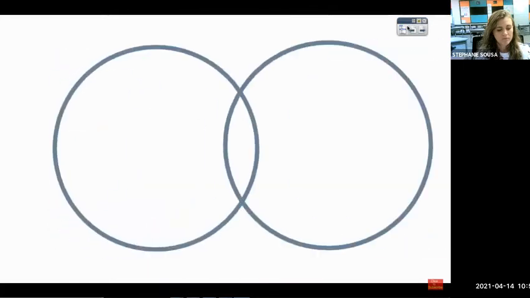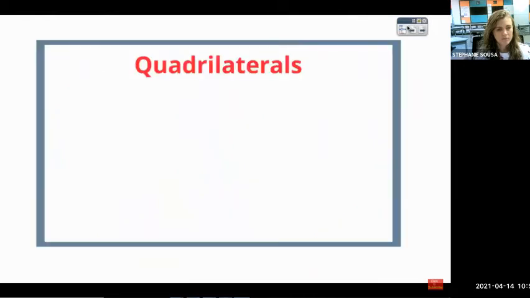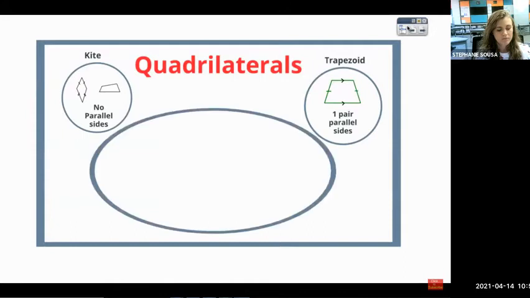Now, another way you can look at this is using a Venn diagram. You have quadrilaterals. A quadrilateral with no parallel sides would be a kite. A trapezoid has 1 pair of parallel sides. Now you move into the parallelogram, which has 2 pairs of parallel sides.